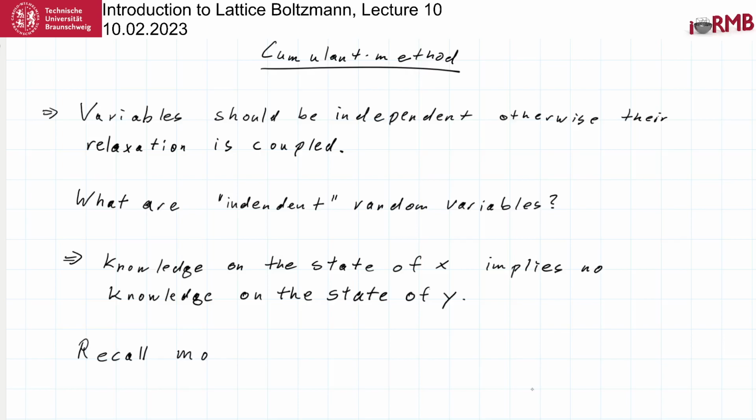So unfortunately, now we have to go a little bit into the depths by going to the moment generating function. And what was the problem with this? Why does this not give us independent variables? So recall the moment generating function.